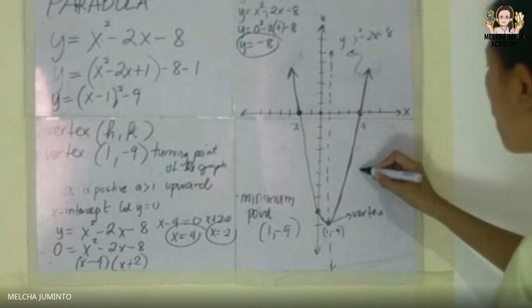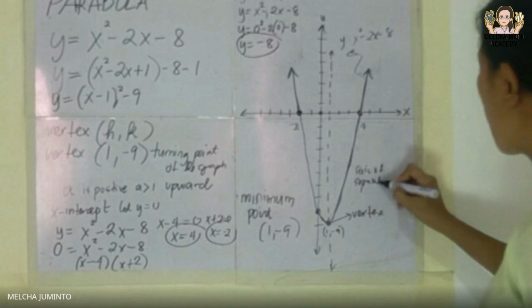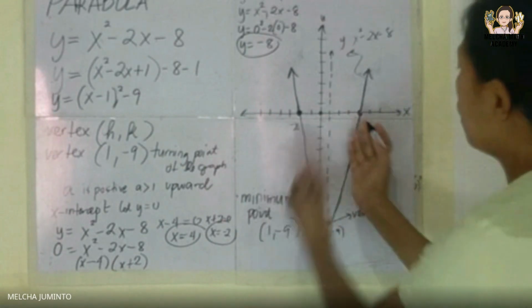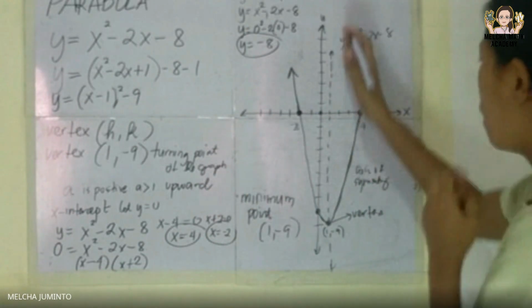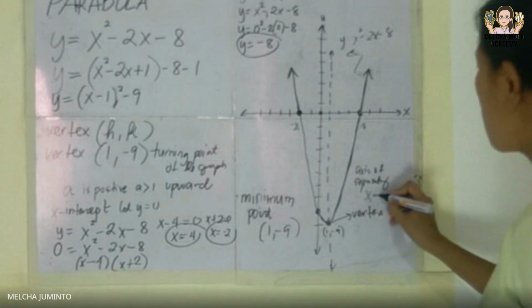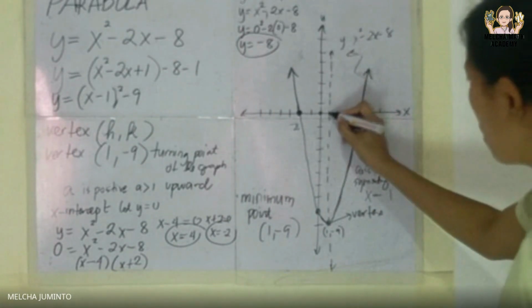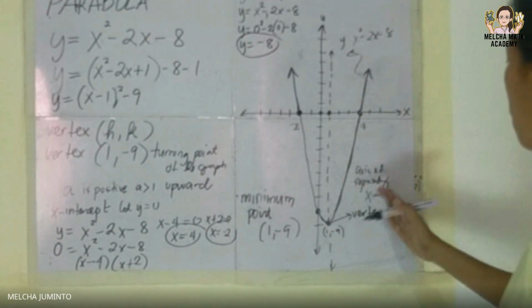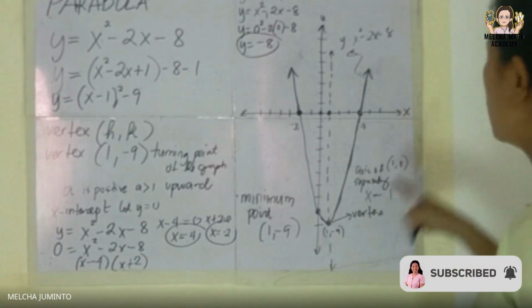If I fold along it, the two sides will mirror each other. The axis of symmetry here is x equals 1, because this is the point where the axis of symmetry passes. It is x equals 1, or simply x equals 1.